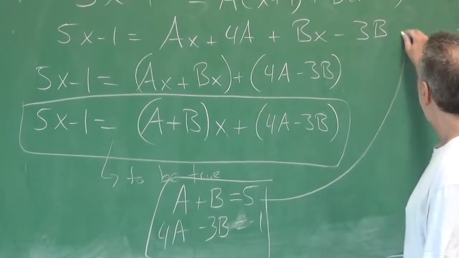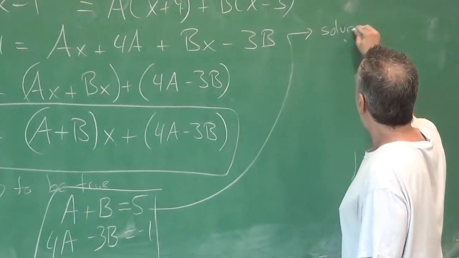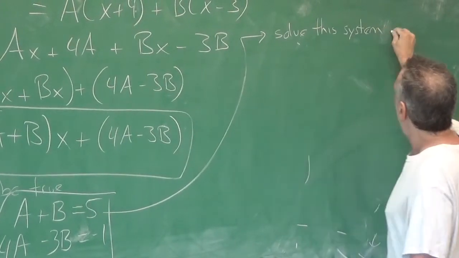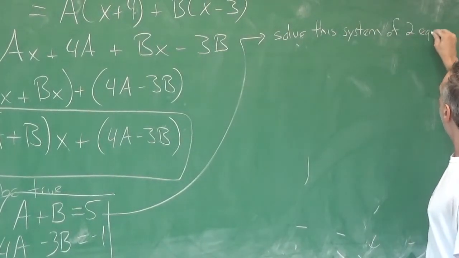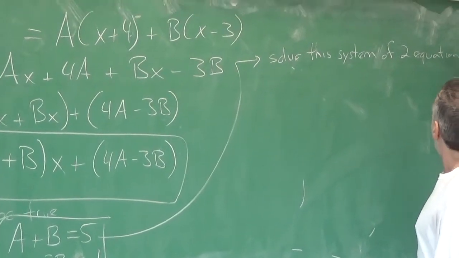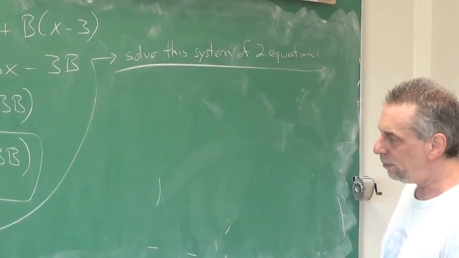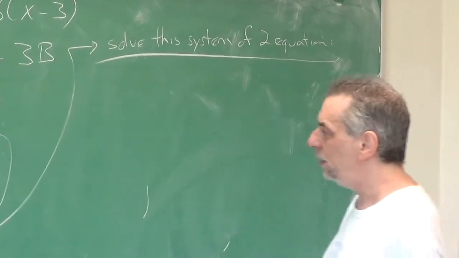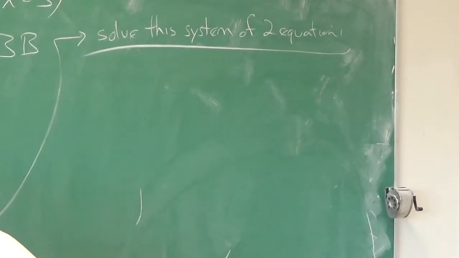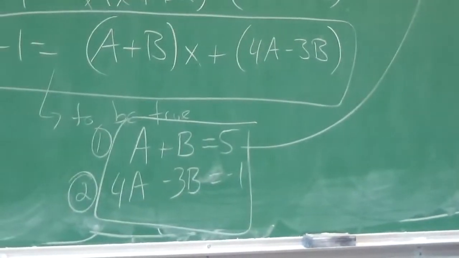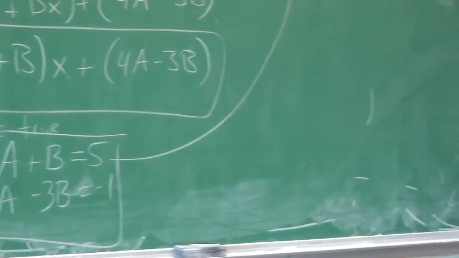So now we solve this system of two equations with two unknowns. And we know how to do that. This one, again, you can use either method. Let's go with substitution. We'll call this equation 1. We'll call this equation 2. So I'm going to solve equation 1 for either of the variables.